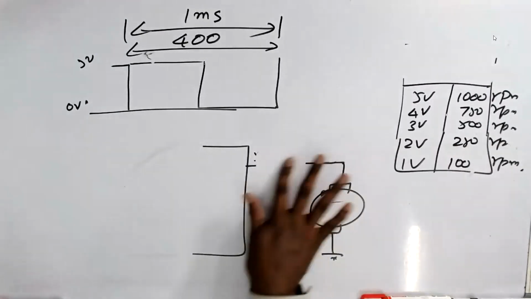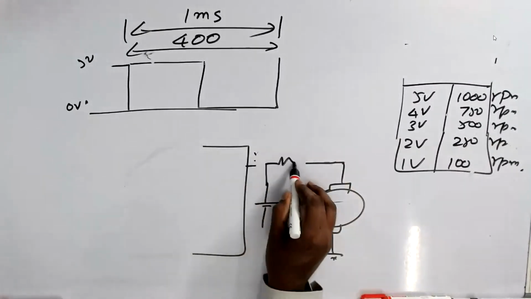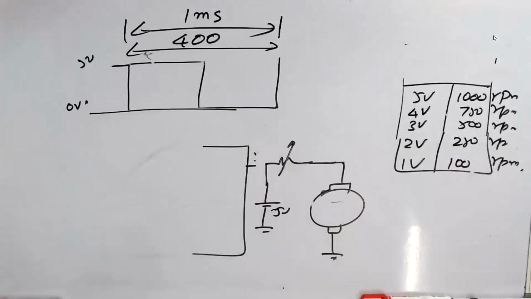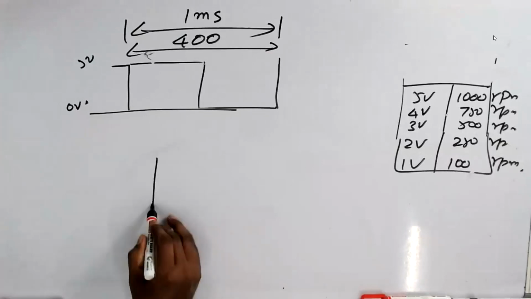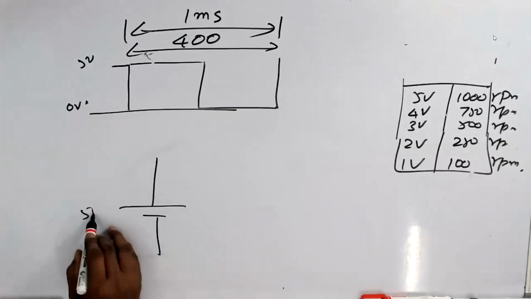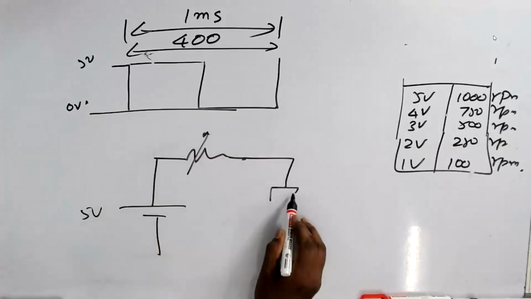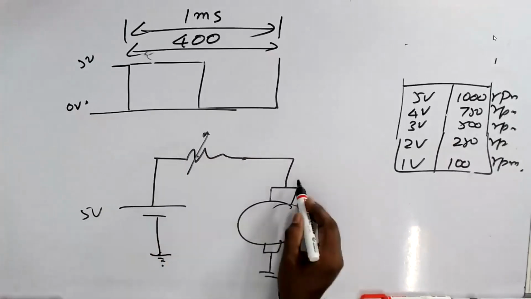So, if I have a battery, a variable resistor, and a motor, and I change the resistor, then the voltage will change here.